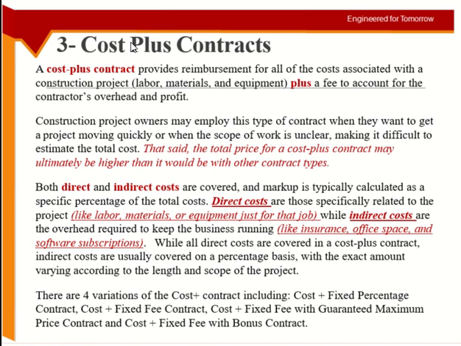Or it can be taken as a direct amount. Whatever the total cost is, I will take 10,000 BD extra, something like this. So it can work in both ways, but how much percentage and how much cost, it will depend upon the length and the scope of project.